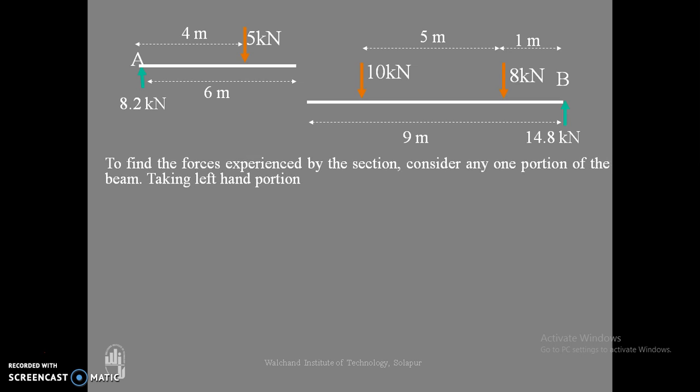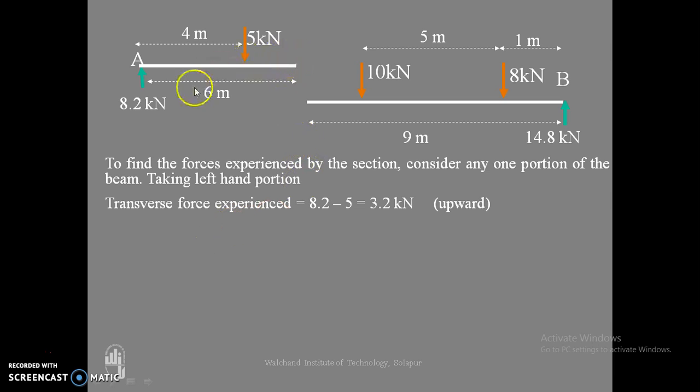Now, to find the forces experienced by this particular section, consider any portion of the beam. That means either you consider the left hand side or right hand side, and accordingly we can write the transverse force experienced by that section.